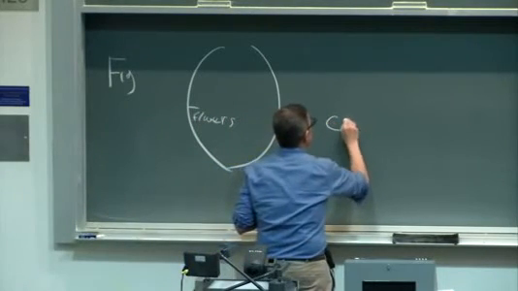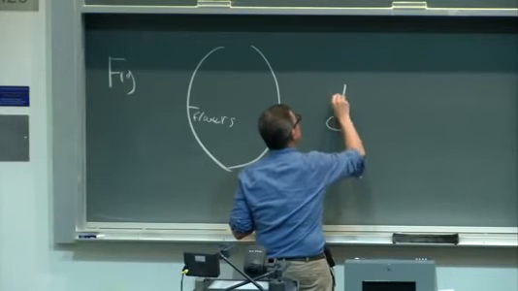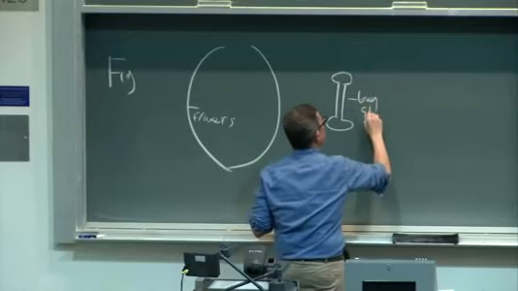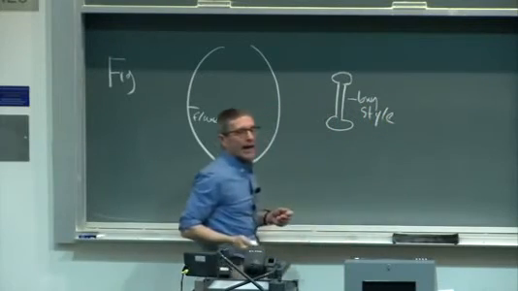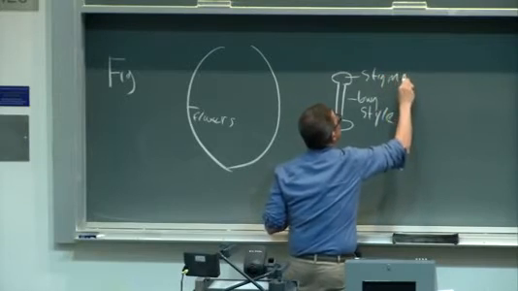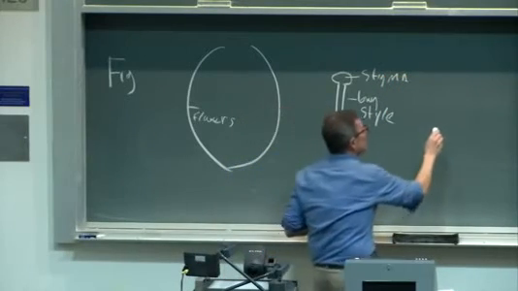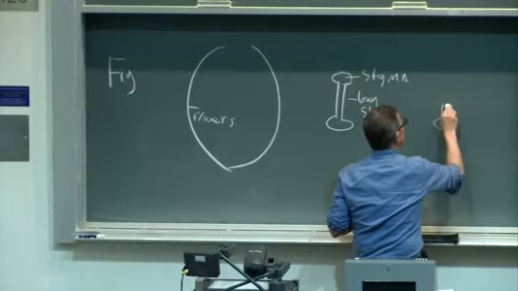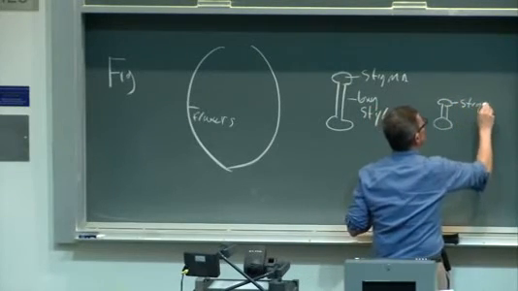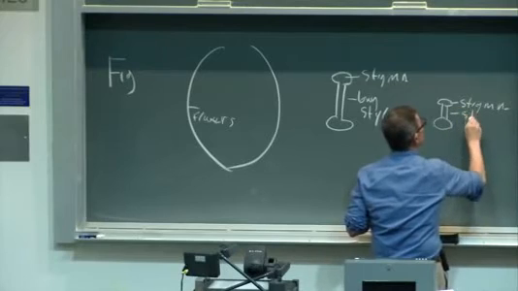In one type, the stigma and style and the carpel are long. So we have a long style, and here is the stigma, and here is the style. And in the other type of flower which lines the fig, the style is quite short. So here is the stigma, and here is the style.